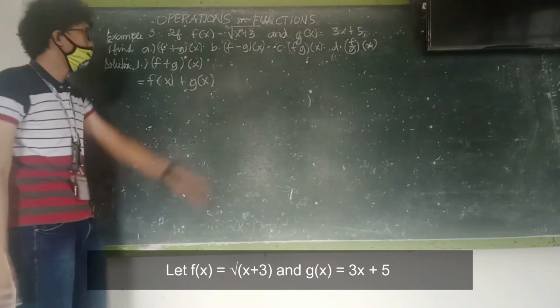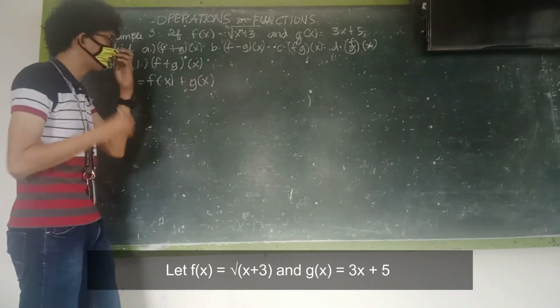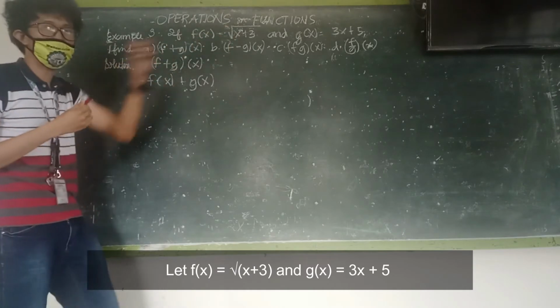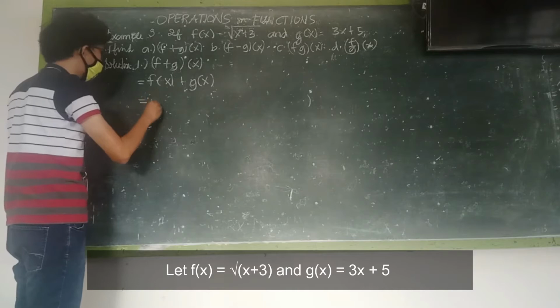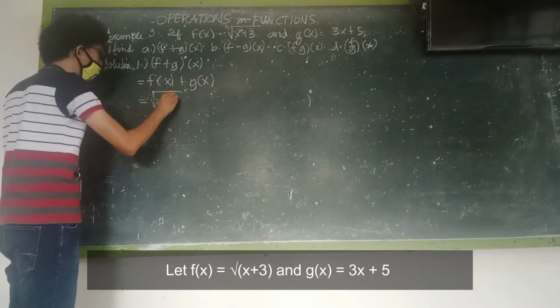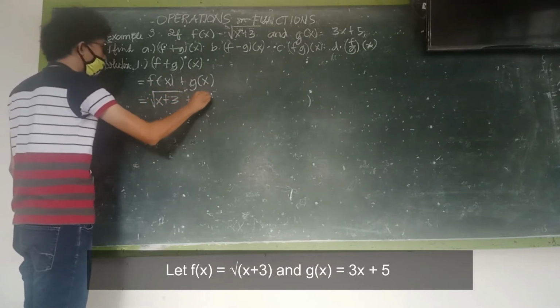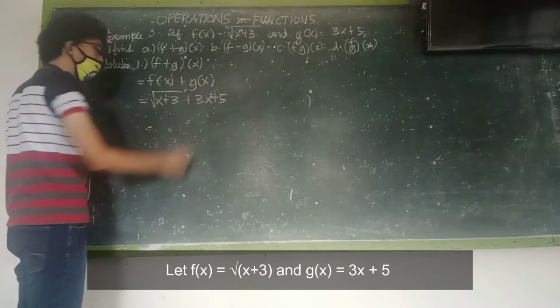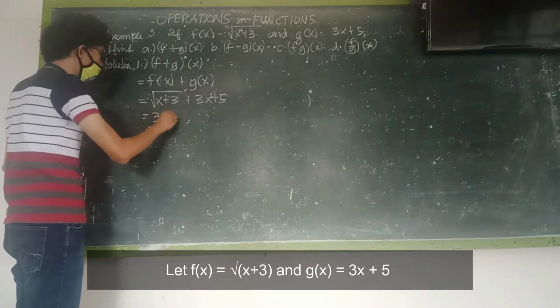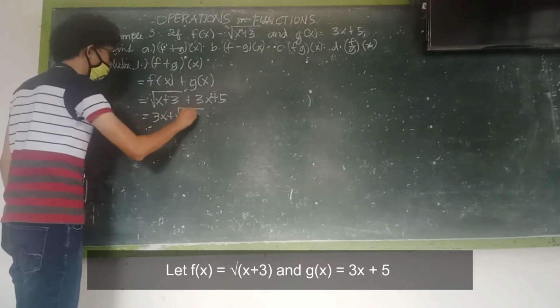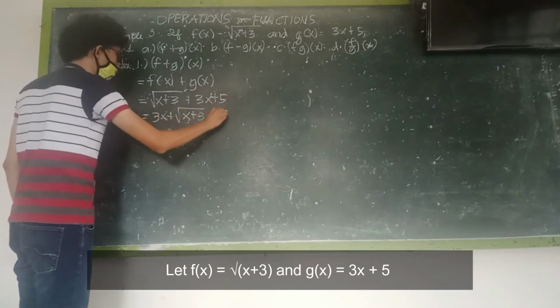So i-add natin itong square root of x plus 3 at saka 3x plus 5. So we have f of x, the square root of x plus 3 plus 3x plus 5. Or we can rearrange it na mauna ang 3x. So magiging 3x plus the square root of x plus 3 plus 5.